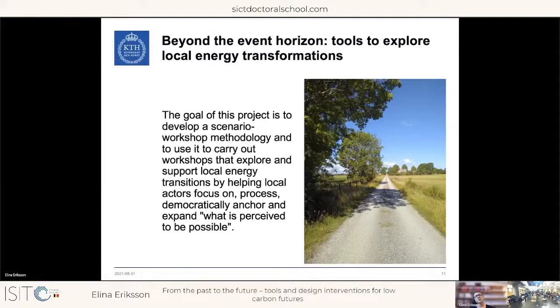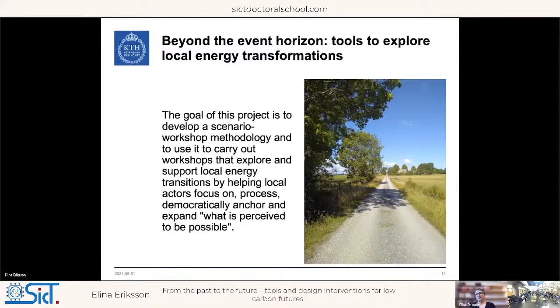And it's about energy, but in a broad sense. So we're looking at any kind of practices or infrastructure locally that has to do with energy. So also food, transport, and direct energy use.